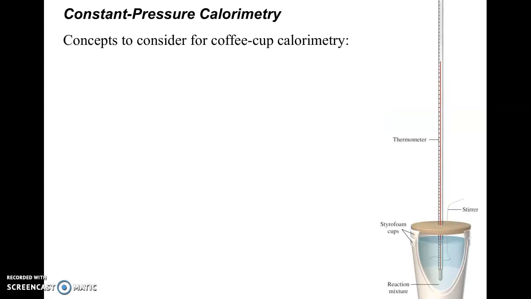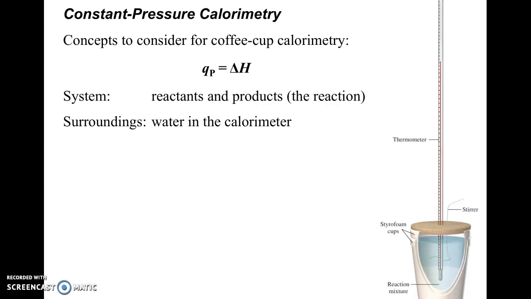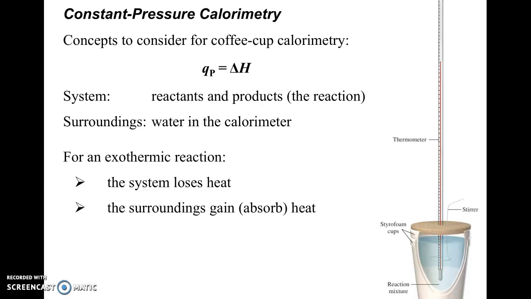So if you're looking at this constant pressure calorimeter, there's certain things you need to understand. So the heat has a sub P, meaning it's constant pressure, is equal to the enthalpy. So the enthalpy of a reaction is always measured at a constant pressure. And what that's saying is the system is a chemical reaction and the surroundings are the water in the calorimeter.